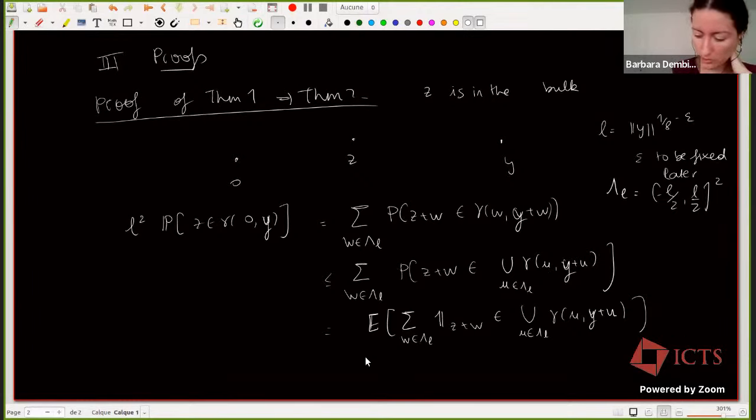And now we can say that it's smaller than the expected intersection of the box Z plus Lambda L, in fact it's equal, with this union.